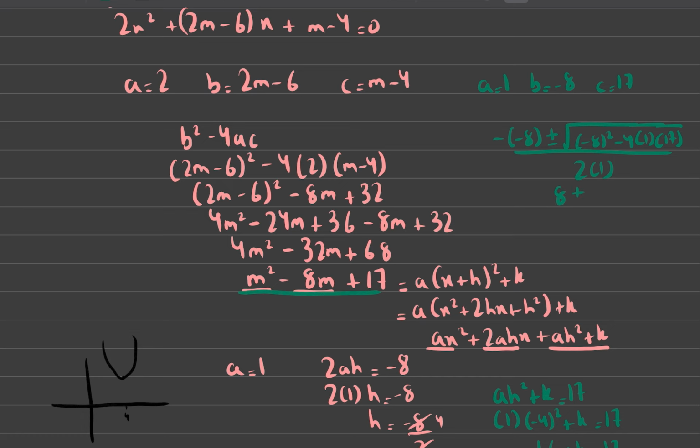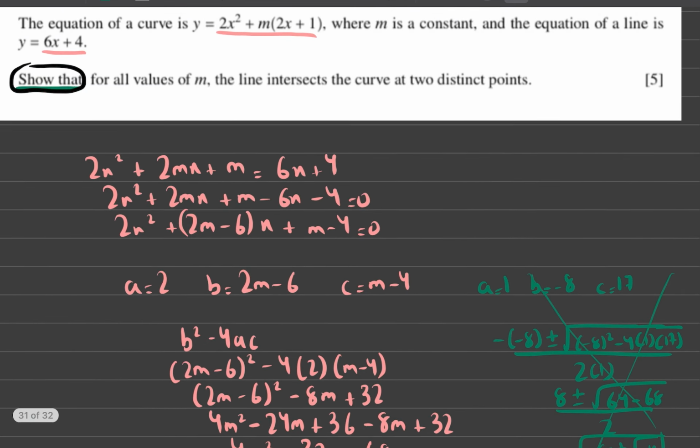So it's going to be 8 plus minus. 64 minus 4 into 17 is what? 68. And they got minus 4 upon 2. And then they panicked. It's not possible. So please, you don't have to do this. You don't have to find the value. It says show that. Got this?